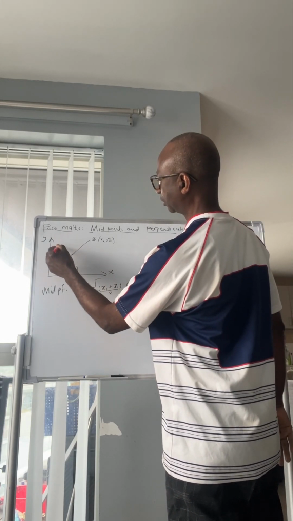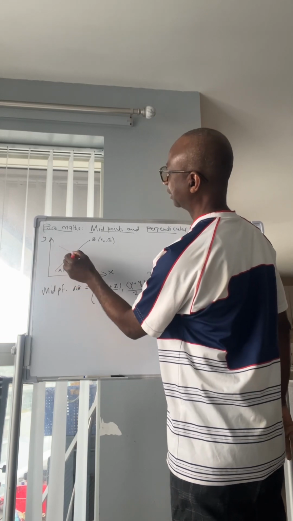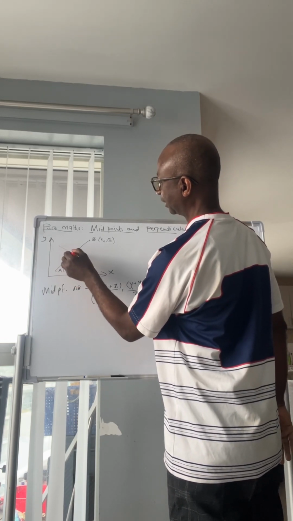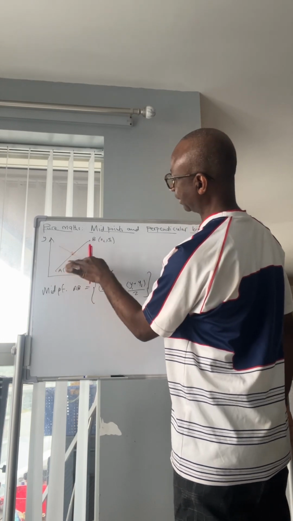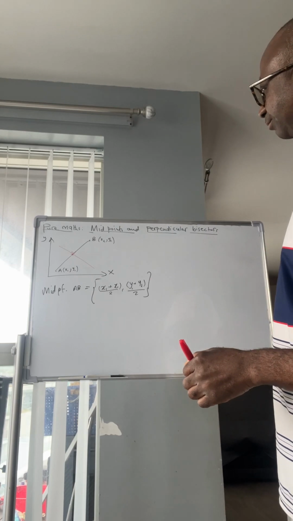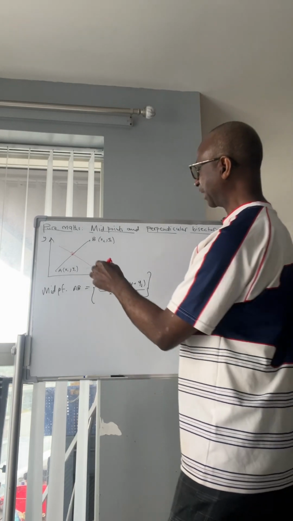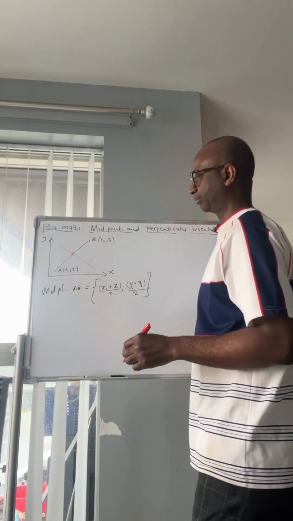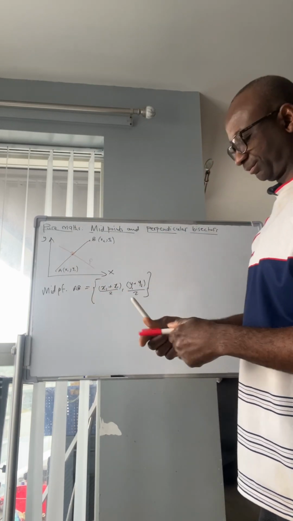When we say perpendicular bisector, it means it cuts this line at an angle of 90 degrees. Correct? I will name this line P.